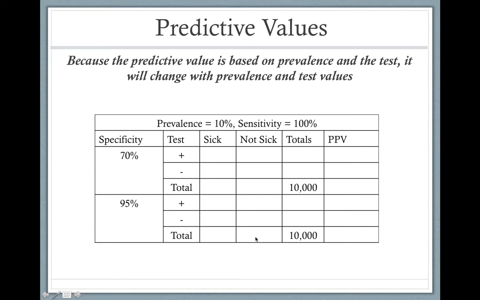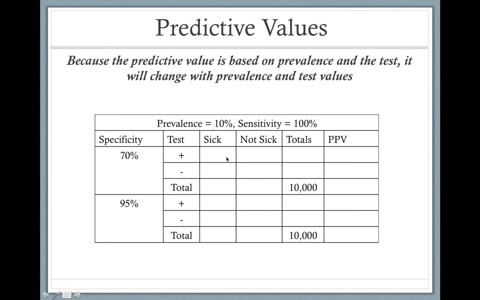And then just to review, we know if the sensitivity is 100, everybody that has the disease has a positive test, so all 1,000 cases will go up here, and there'll be 0 in the cases of false negatives.